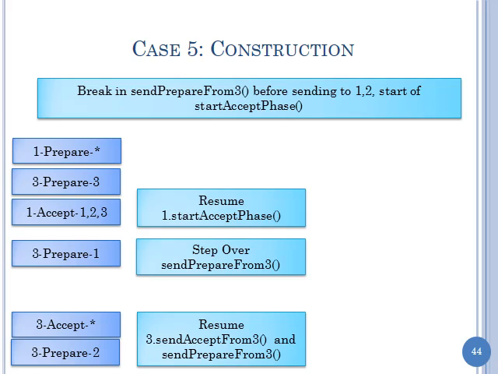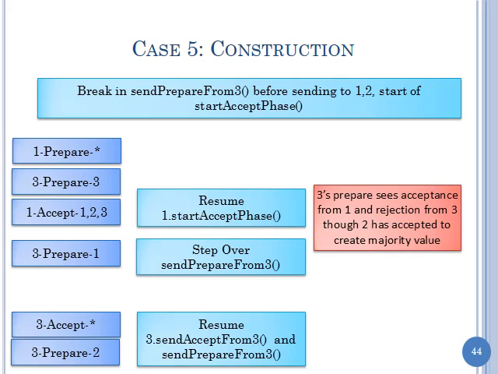This sequence of steps is very similar to the next one we'll see later, so I won't go through it, especially because we've already seen a case where the value was a minority when we reproposed. In here, I make sure that 3's prepare phase sees acceptance from 1 and rejection from 3. That happened in the previous example, but here I forced that to happen. And the value should become a majority.